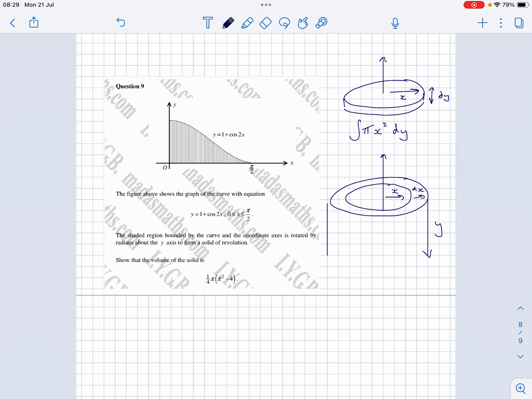So what I would do instead is imagine all of this being the radius. So I'd have x plus this delta x, all squared. That's my radius. Then I'd have pi to get my circle across the top and multiply it by y. That would give me the whole of this cylinder as I go down.